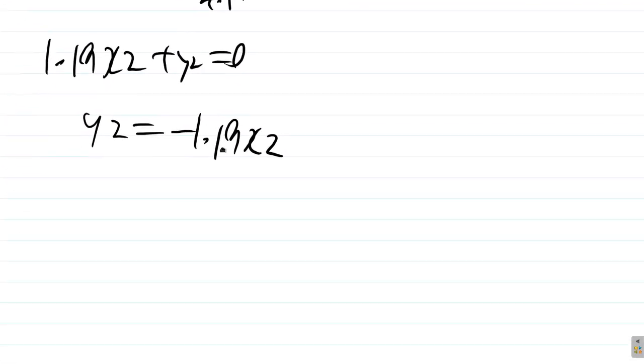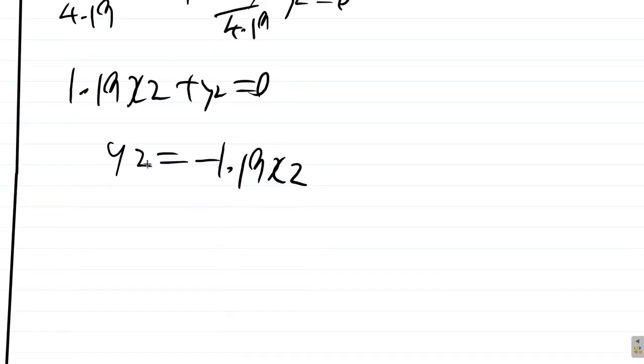It looks more uniform. So if x2 is 1, y2 would be negative 1.19 times 1, which is negative 1.19.